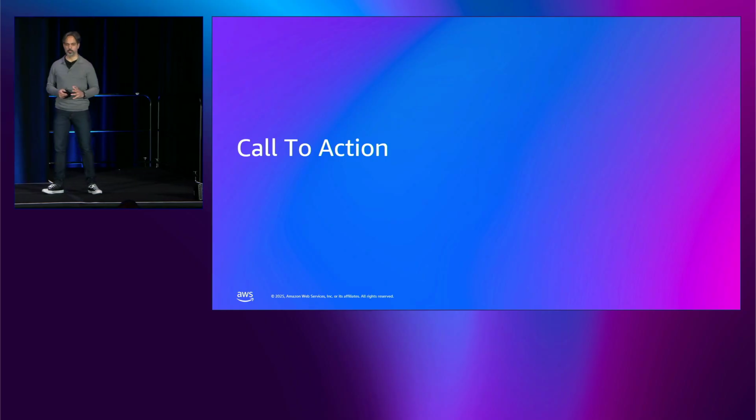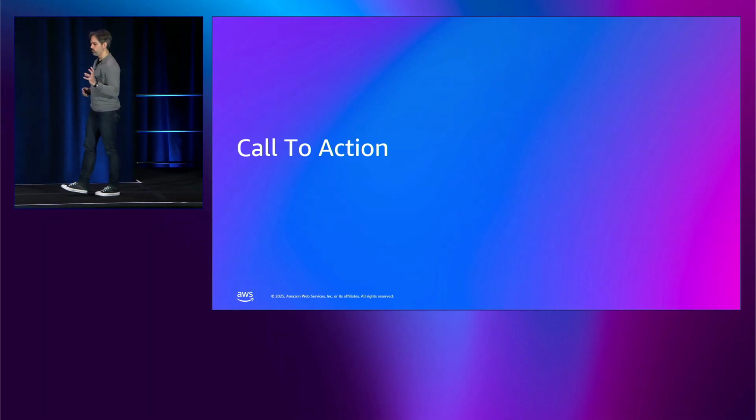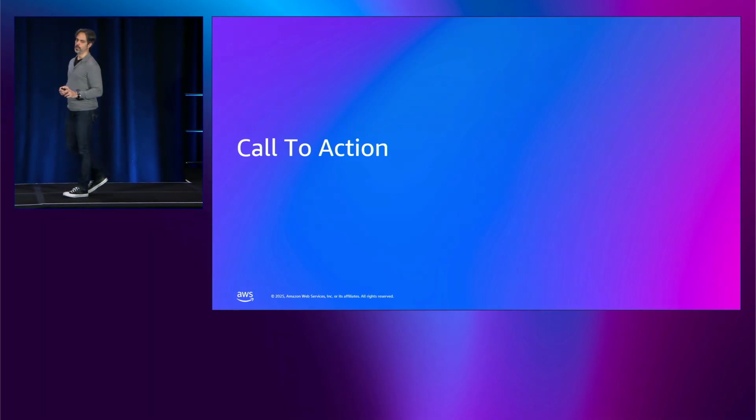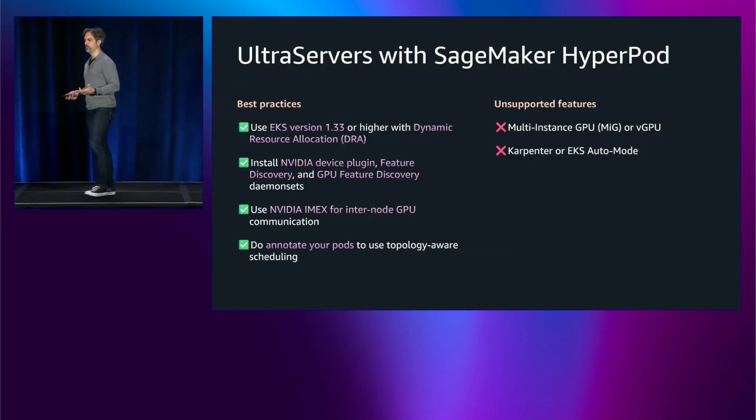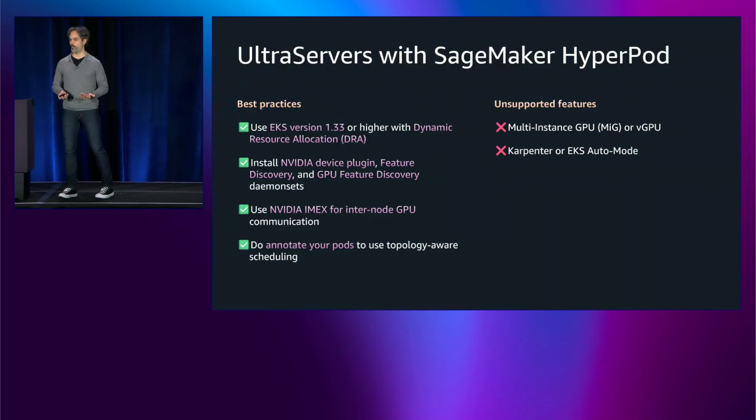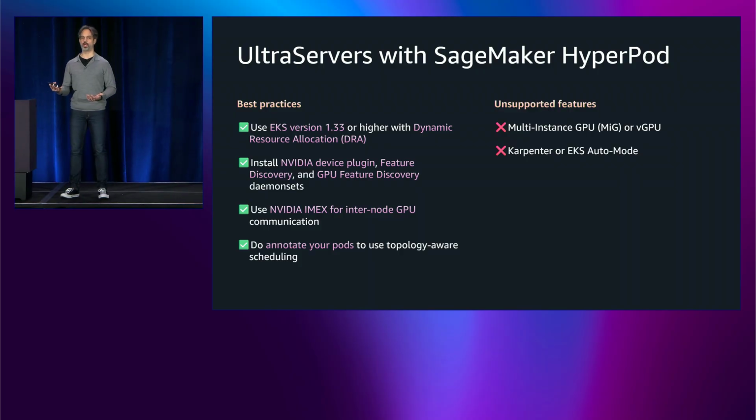So here are some calls to action that I would like you to understand before you leave this session. The first thing is, there are a lot of best practices on running those UltraServers. It's not only acquiring capacity, or using the SageMaker HyperPod features to do task governance and priority on those queues, but you also have to set up specific libraries with specific versions, and we have all of that well documented in the SageMaker HyperPod documentation and the Amazon EC2 UltraServer documentation as well.